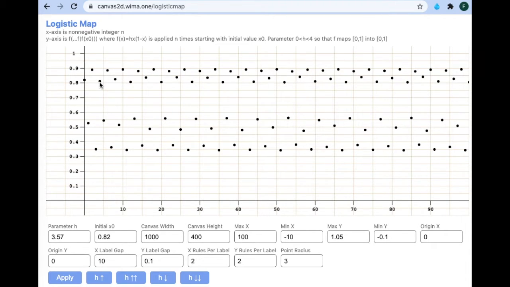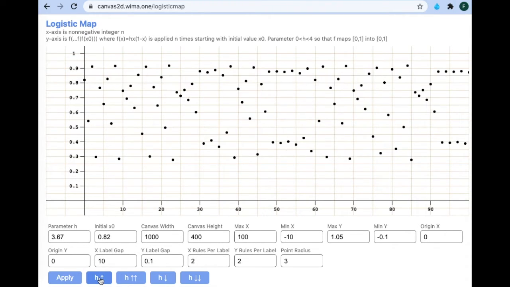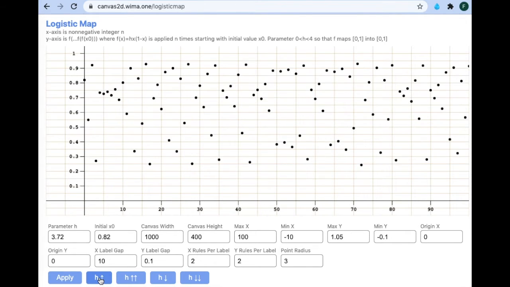If you look at the population 4 days later, 4 days later, 4 days later, it converges to a number. We keep increasing h. Now we are in the state of chaos.